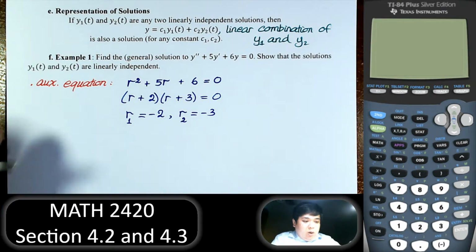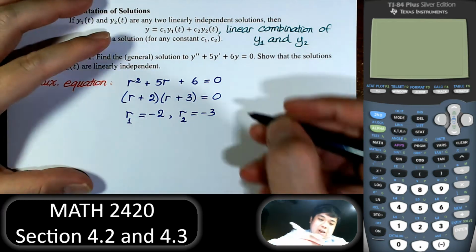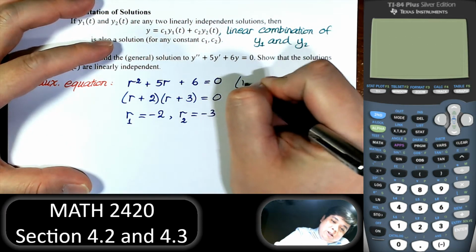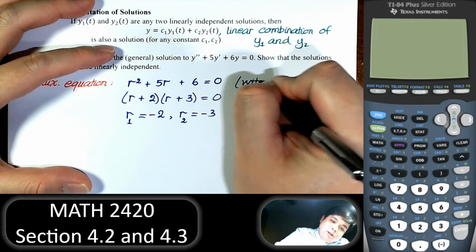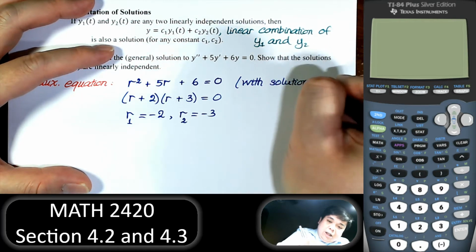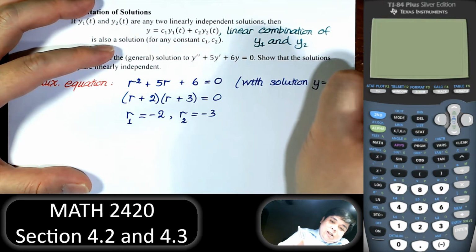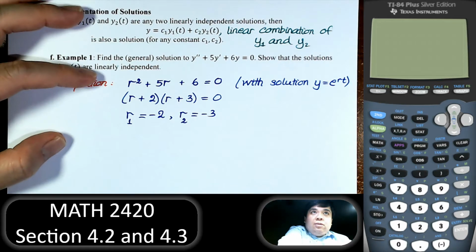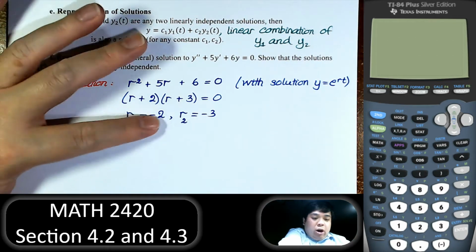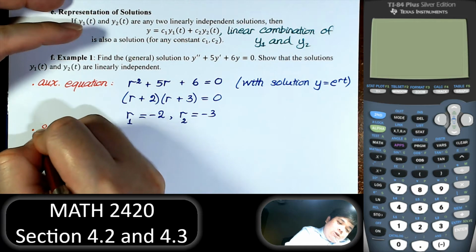Right, so we say the auxiliary equation is in that form, where the solution is y equal to e to the rt. So we have r1 and r2. When we have that auxiliary equation, then we have the solution.